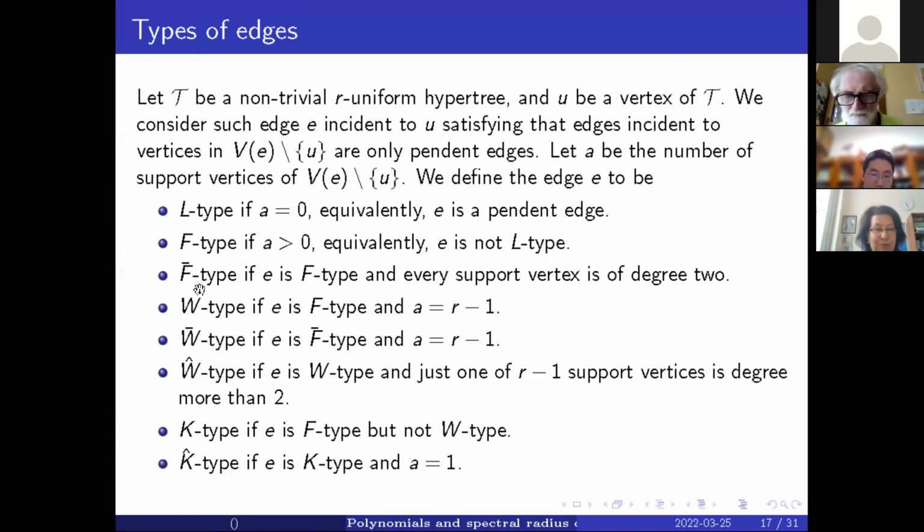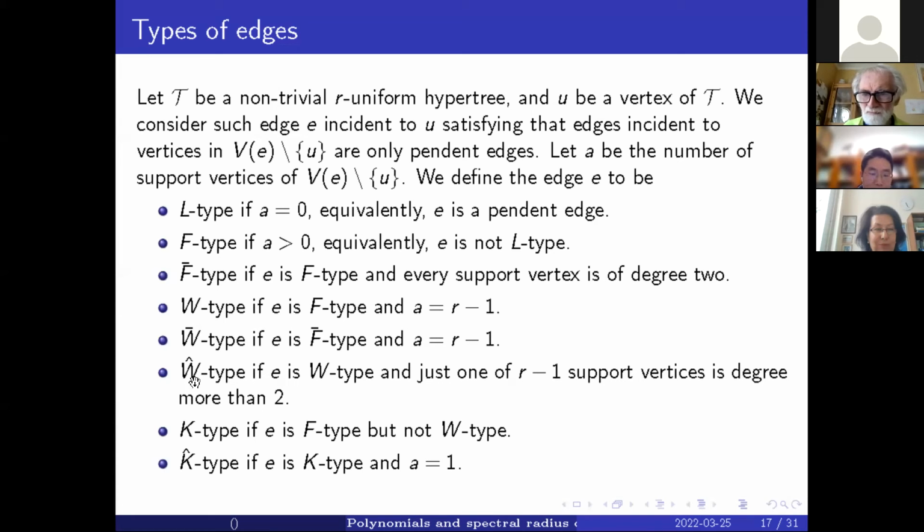Edge E is F bar type if E is F type and every support vertex is of degree 2. The edge E is W type if E is F type and A is equal to r-1. E is W bar type if E is F bar type and A is equal to r-1.